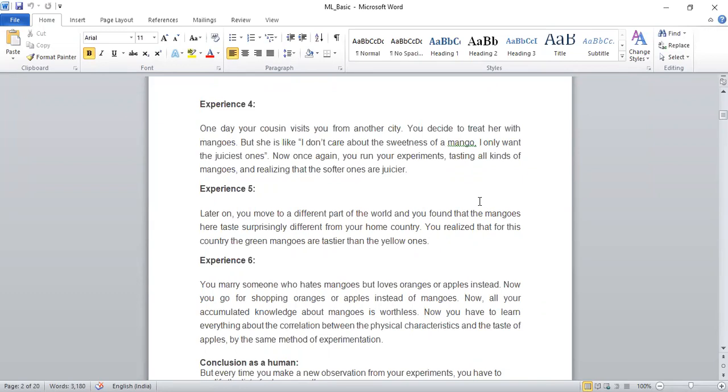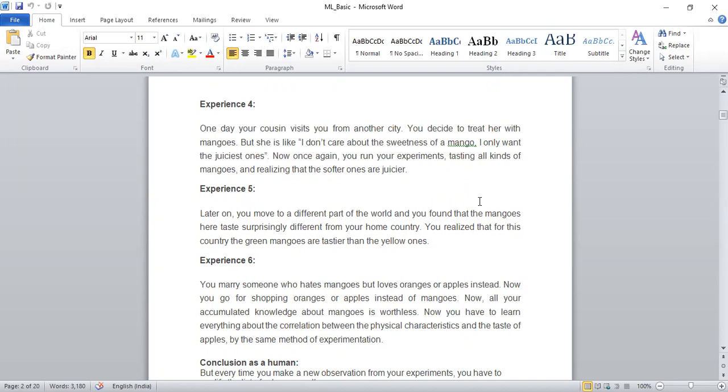Experience 5. Later on, you move to a different part of the world and you find that the mangoes here taste surprisingly different from your home country. You realize that for this country, the green mangoes are tastier than the yellow ones. Again, there is a small change required in your rule.